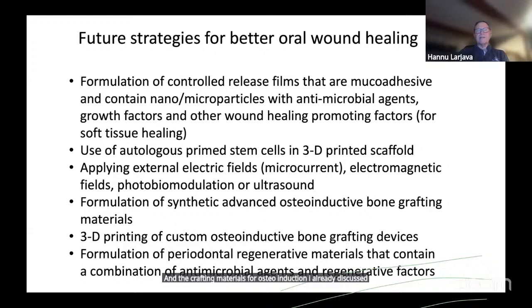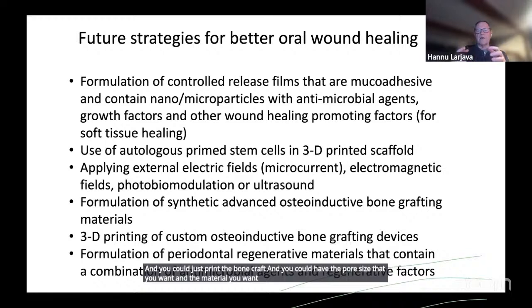I think the next easier thing to get will be those 3D bone grafting devices. I think we already almost have a technology where you can take your CT scan and just print the bone graft, and you could have the pore size that you want and the material you want, and then your bone graft will be ready to go. It will be like a block graft instead of these particles that float around and are sometimes difficult to handle.